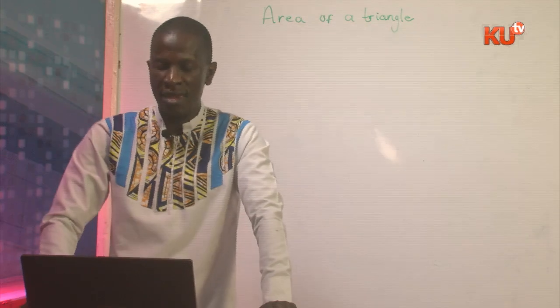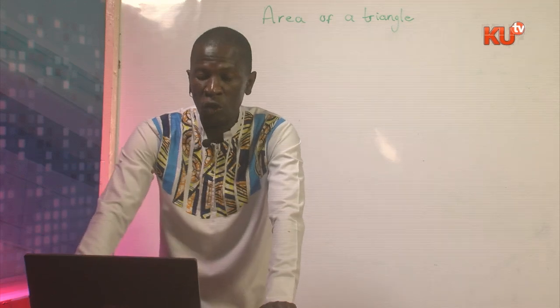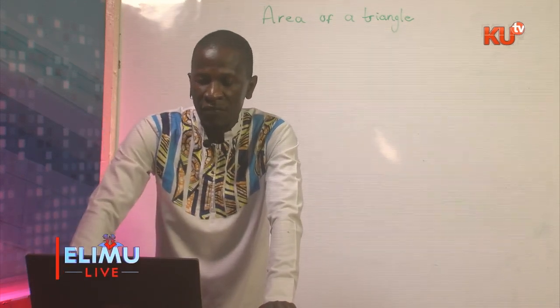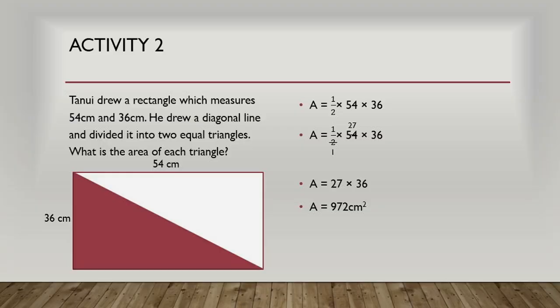Before I explain one thing, activity 2, which I also want you to try. Activity 2, as you can see from your screen, the question says Tanui drew a rectangle which measures 54 centimeters and 36 centimeters.